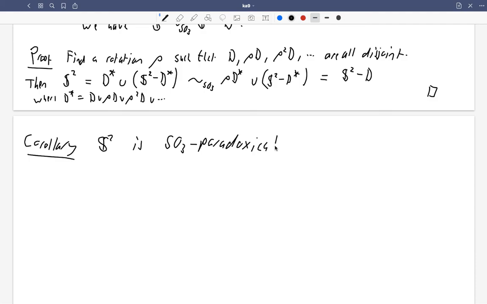So with this result, we already have a very strange geometric result.